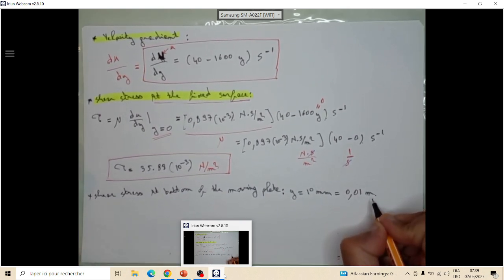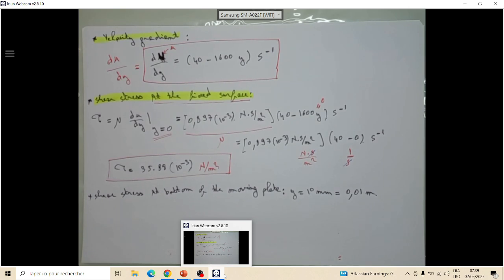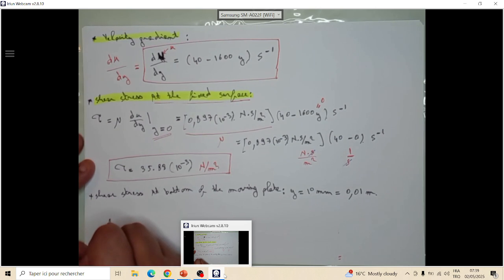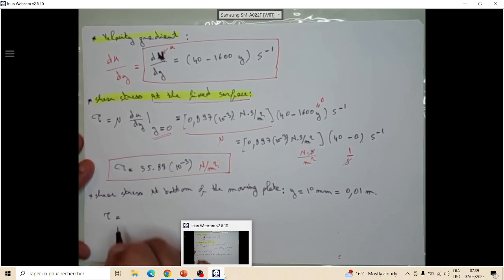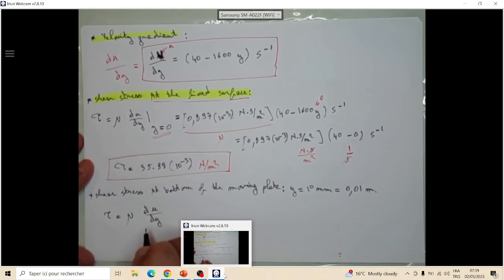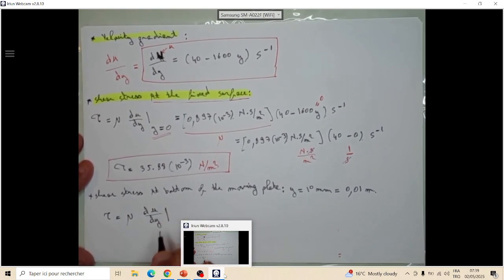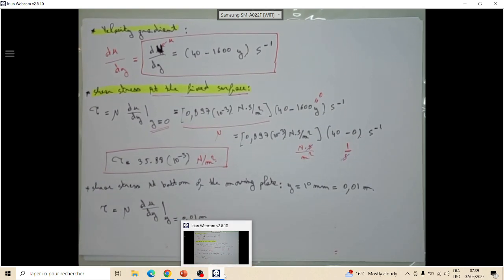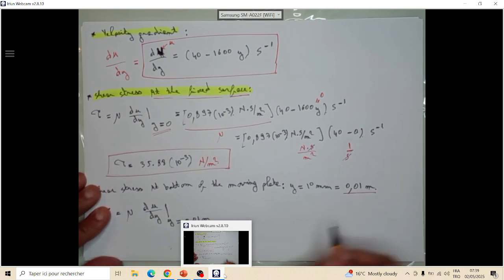So tau, the shear stress that I want to calculate, is equal to mu times the derivative of the speed with respect to y, the ordinate, at y equal to 0.01 meter.